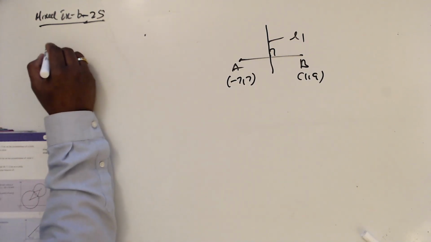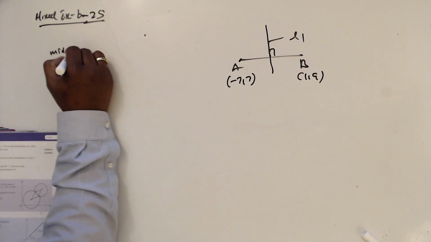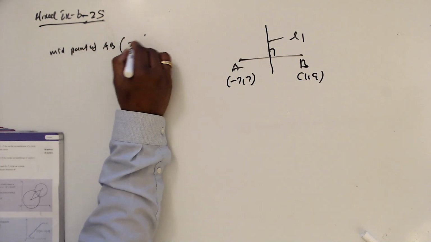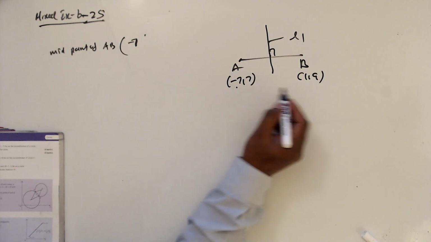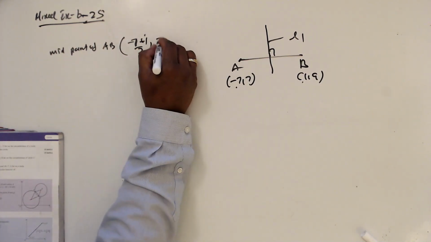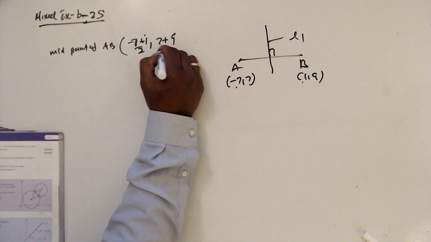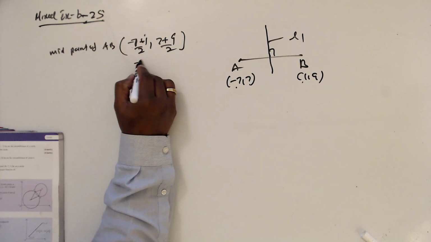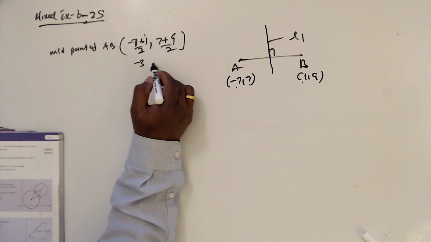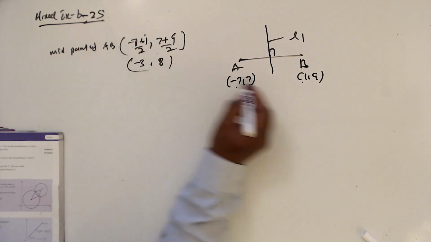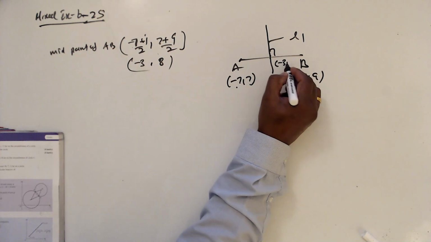So the midpoint of AB is x1 plus x2 divided by 2, y1 plus y2 divided by 2. So this is minus 6 divided by 2, which is minus 3, and 16 divided by 2 is 8. So this point is minus 3, 8.